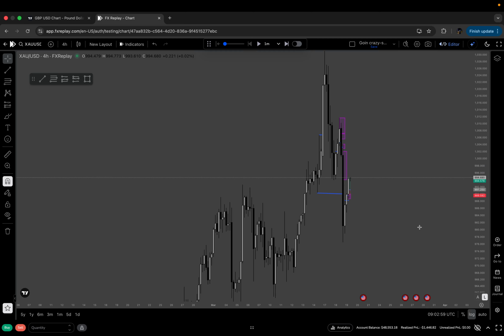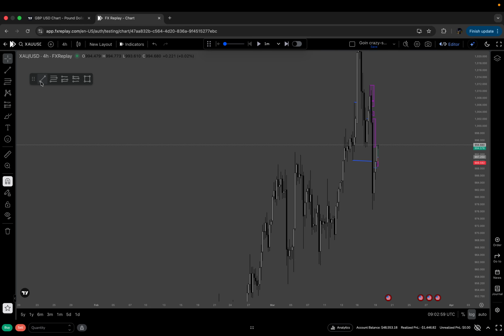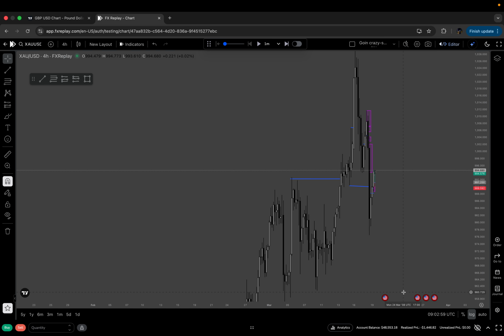We are bullish on the 4 hour, but internally bearish as well. It's something that I have kept in the back of my mind when trading.